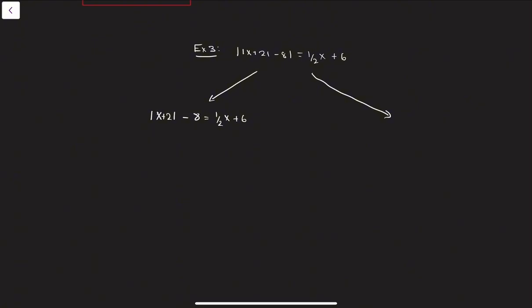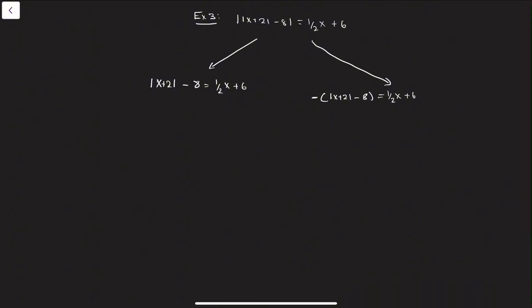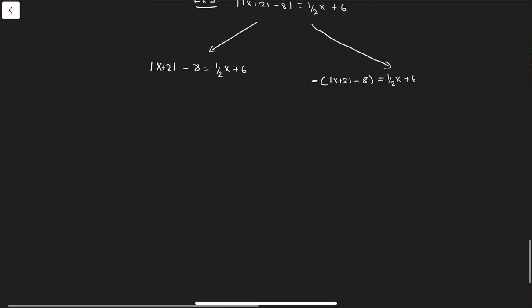Okay. The negative case, on the other hand, for the outer absolute value would mean we'd have negative of the absolute value of x plus 2 minus 8. This is equal to 1/2 x plus 6. Let's simplify these a bit to make it easier for us. So this side becomes the absolute value of x plus 2, and then you'll get is equal to, bringing the 8 to the other side, 1/2 x plus 14.